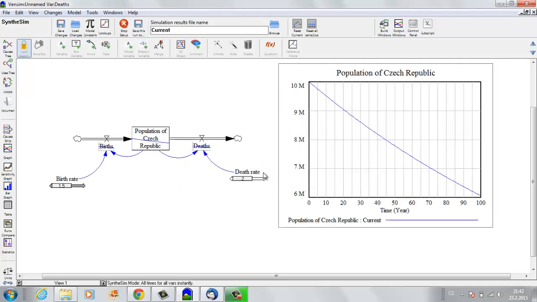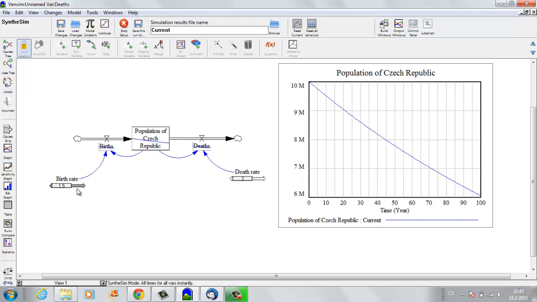Okay, so now what we see is that in 100 years time, if the birth rate stays at 1.5% and the death rate stays at 2%, we will get somewhere to 6 million. So basically the population of the Czech Republic will almost halve in those 100 years.